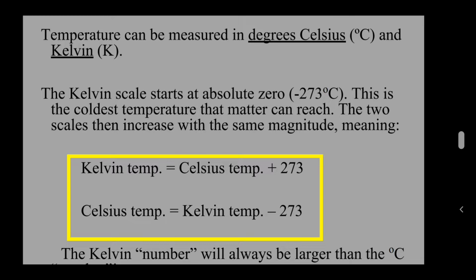So to get to the Kelvin, you must always add 273. So the Kelvin temperature must be bigger than the Celsius temperature. And the smallest temperature possible in the universe is 0 Kelvin. 0 Kelvin is the equivalent to minus 273 degrees Celsius.